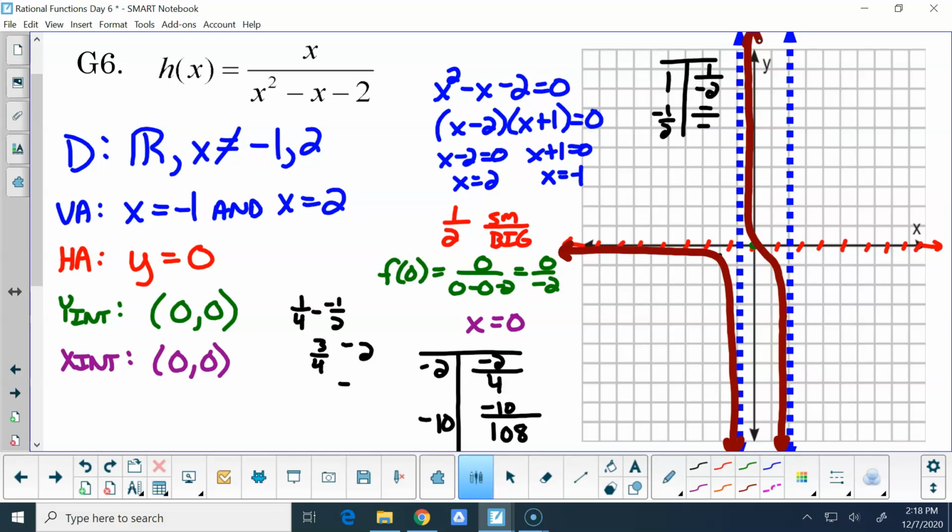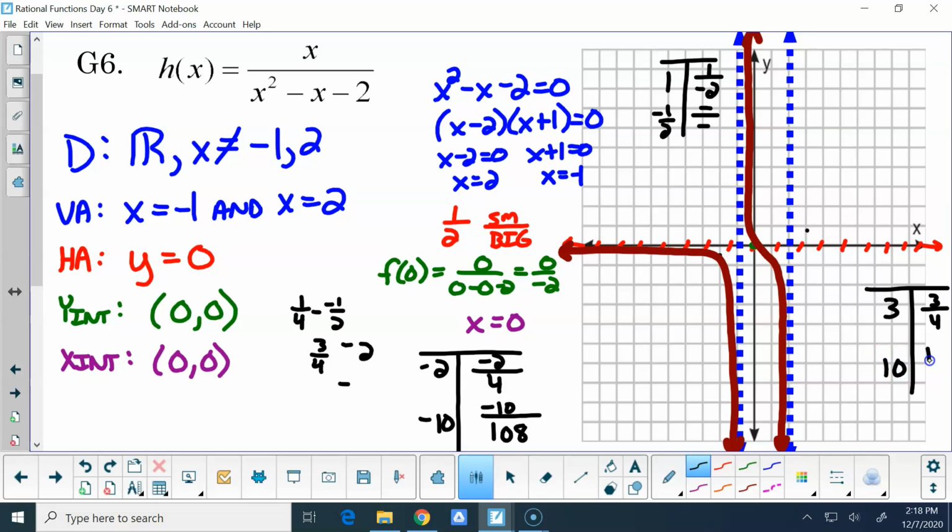Then we've got the other zone over here. So let's try 3. That's going to be 3 on top. 9 minus 3 is 6, minus 2 is 4, so 3/4.